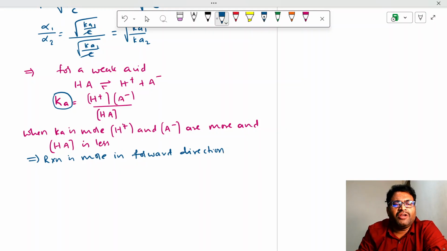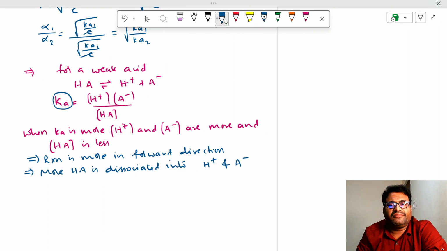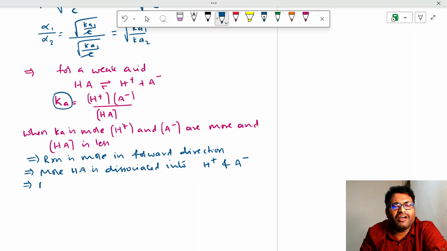That means more HA is dissociated into H plus and A minus. More the dissociation means more the alpha.